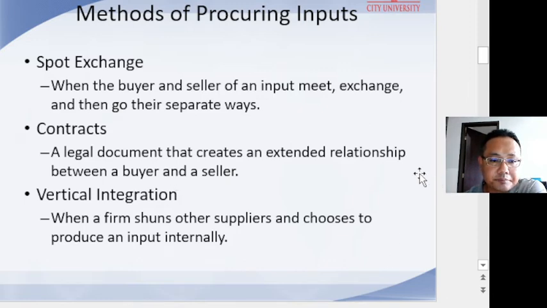And then another method for procuring input is vertical integration. Okay, so a manager may choose to produce the input needed for production within the firm. Okay.